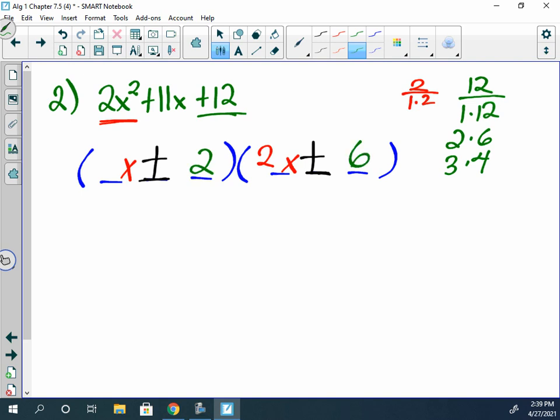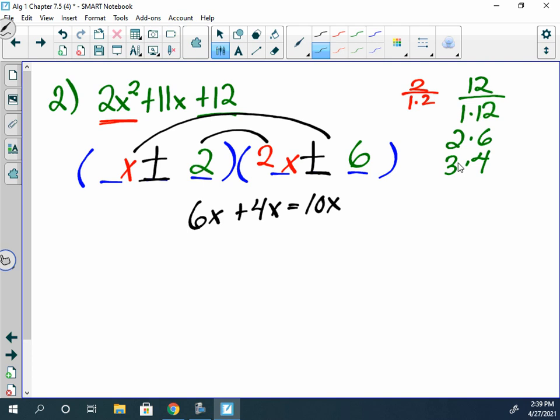And 6 would go second. x times 6 is 6x. 2 times 2x is plus 4x, which gives us 10x. So that's not what we're looking for because we want the middle term to be 11, yes?